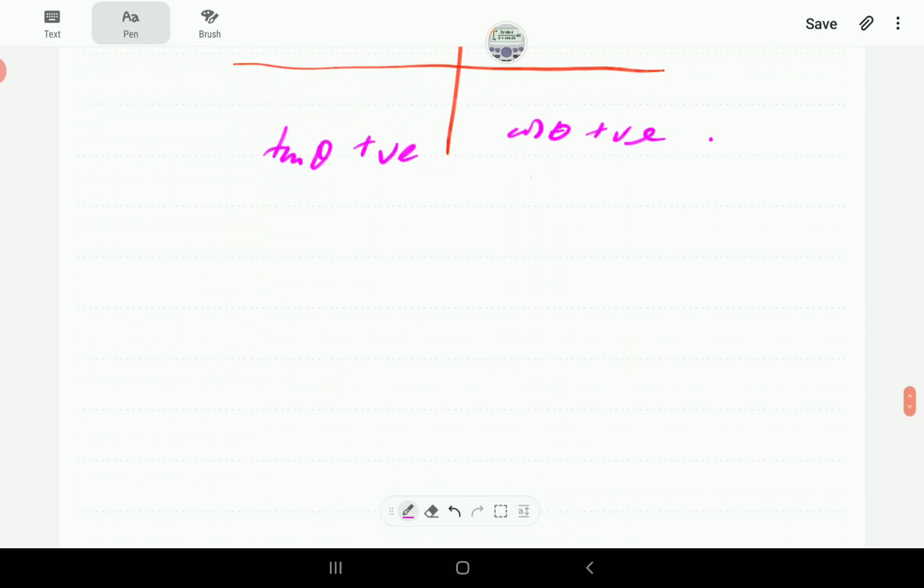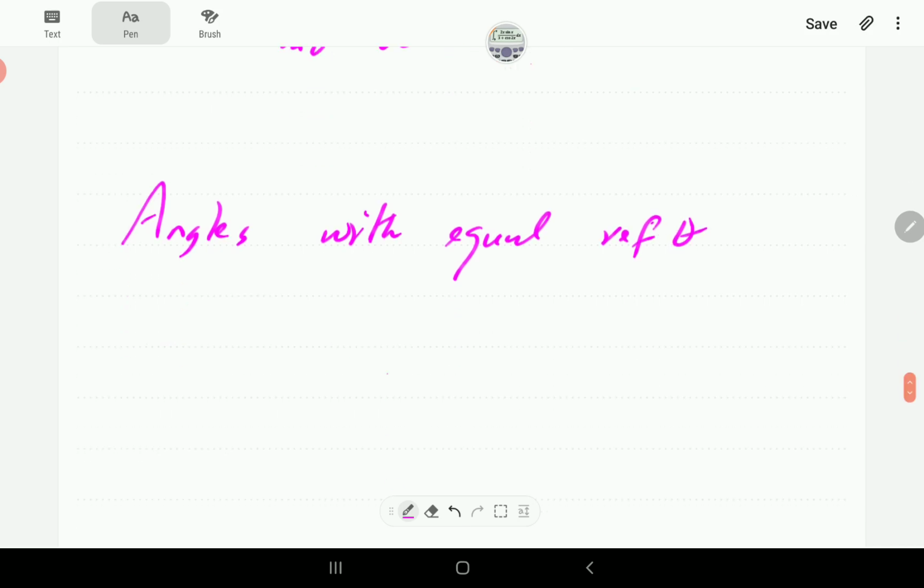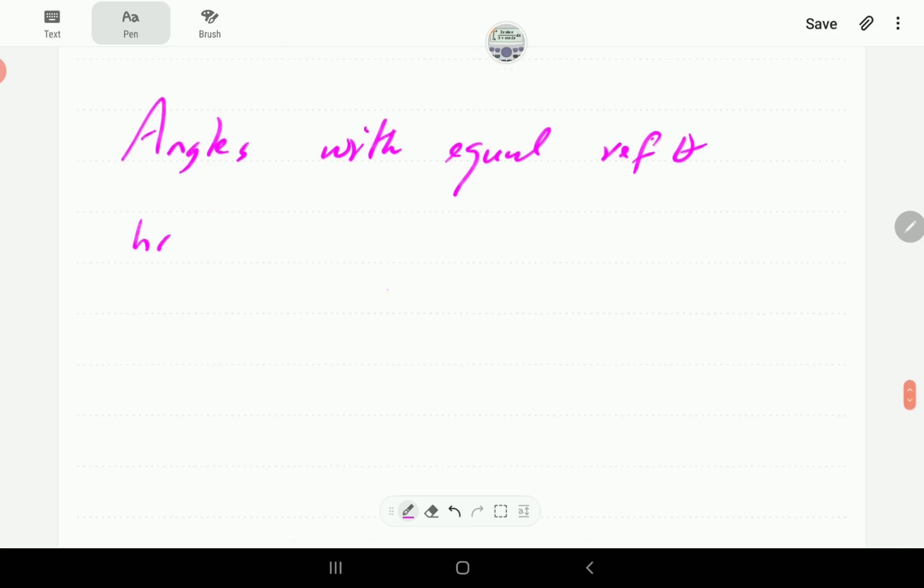Okay, so to conclude this, we are going to say angles with equal ref theta have trigonometric ratios that are equal in magnitude.